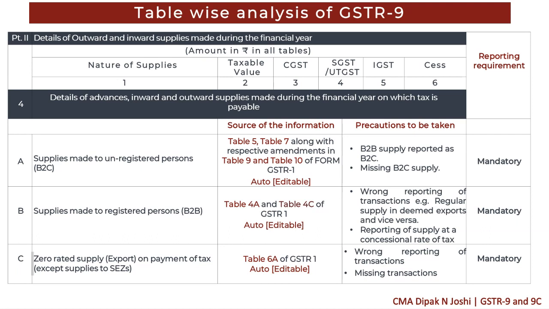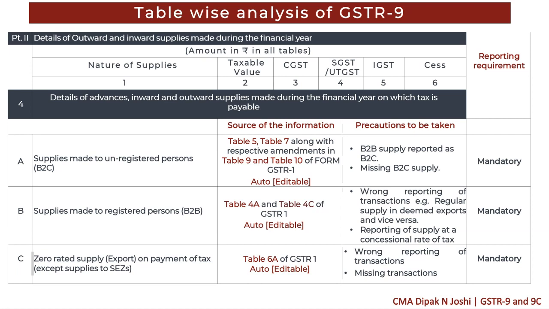Or previously, we used to supply to the scientific institution at 5% or 12% rate of tax. So in that case also it is not deemed export, it is regular supply. So one should take the precaution that all the supplies, even if they are at the concessional rate, should be correctly reported in the appropriate heads of the GSTR value.